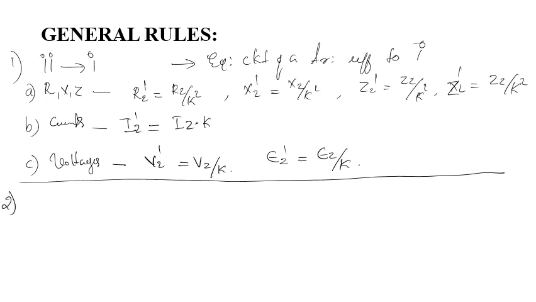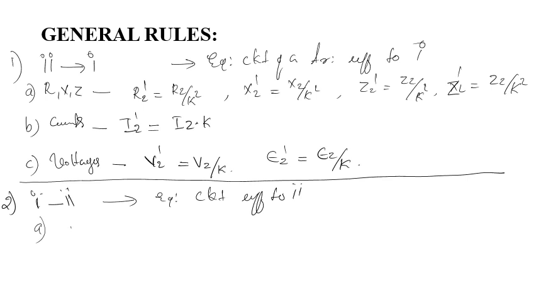And the next rule, that is, if we transfer all the primary side parameters to the secondary side, then we have to follow some rules. In this condition, we are preparing an equivalent circuit referred to secondary. In the same way, there will be three rules.